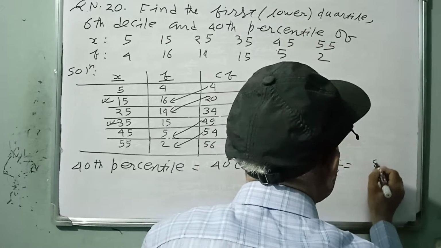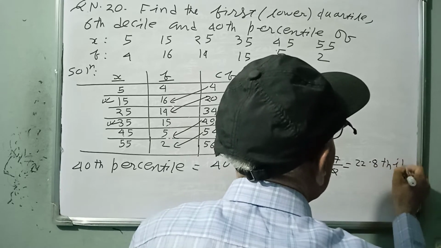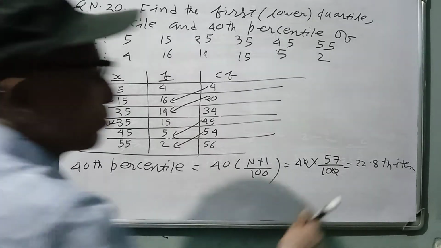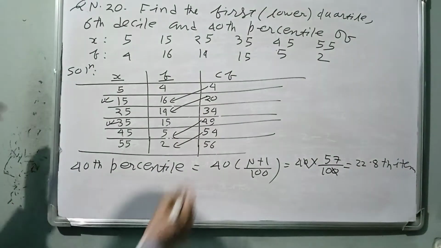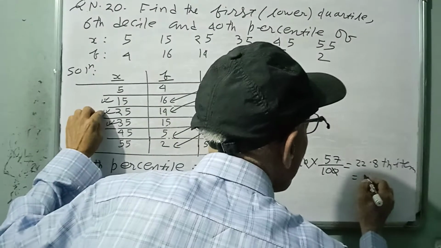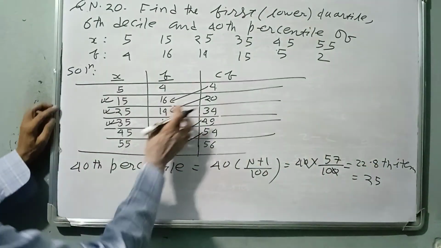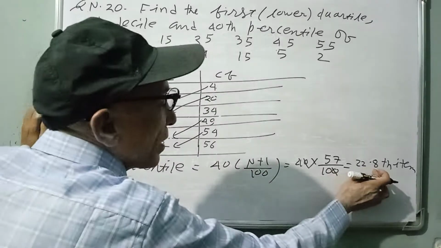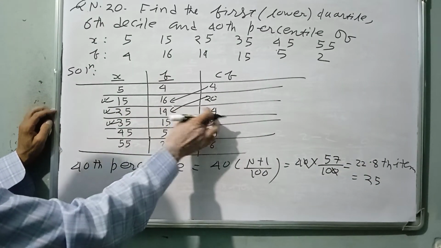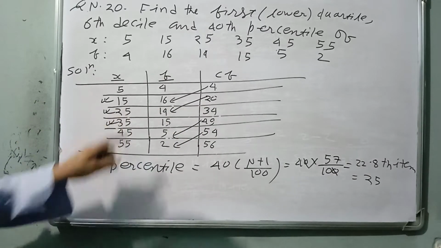Multiply: 22.8th item. What is 22.8? Not here, not here. 22.8 भनेको यहाँ पर्दैन, यहाँ पर्दैन. The 22.8th item lies here, at 34. The corresponding value is 25.